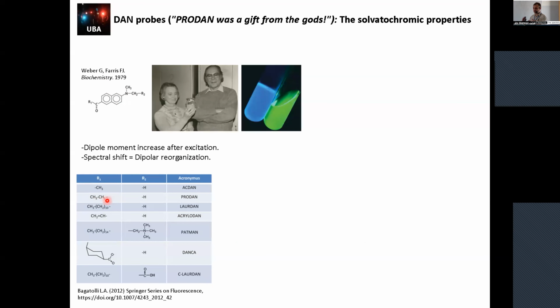And in particular, it was designed to study protein dynamics, membrane dynamics. So basically, if to the dimethylaminonaphthalene we include here in the R1 a different group, we can give different affinities for different environments in proteins, membrane, or intracellular.